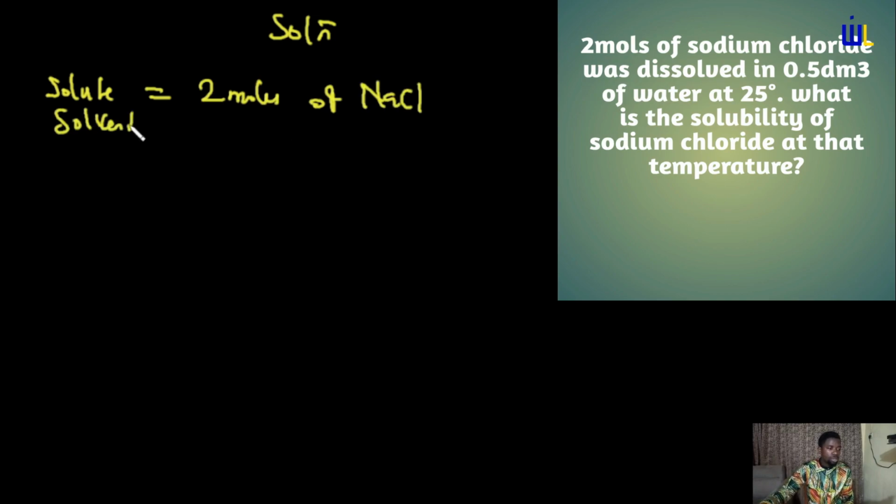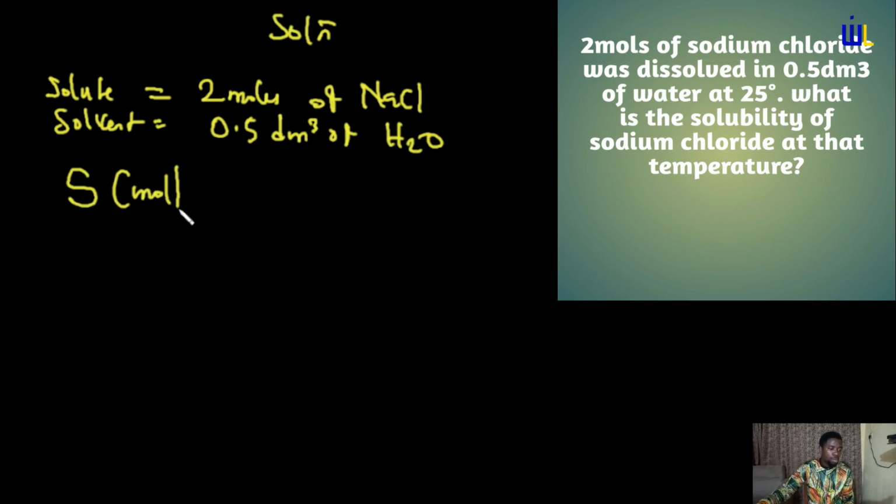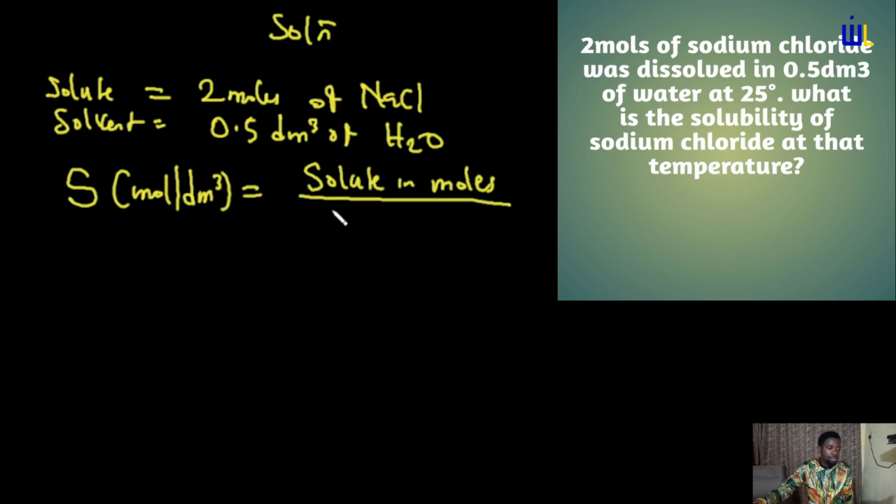The solvent is 0.5 dm³ of water. So what does this simply imply? It implies that when we are looking for the solubility in mole per dm³, as we said, when the solute is in mole and the solvent is in dm³, we simply solve it directly by solute in moles divided by solvent in dm³.